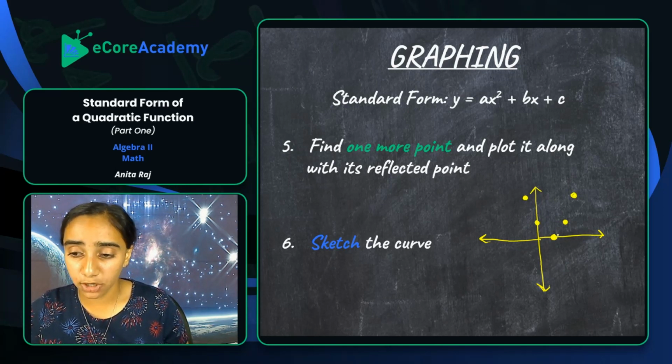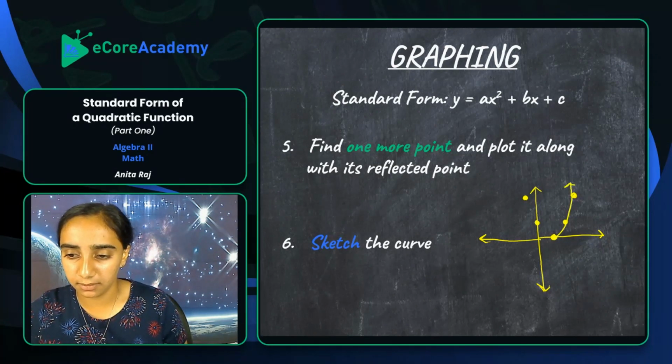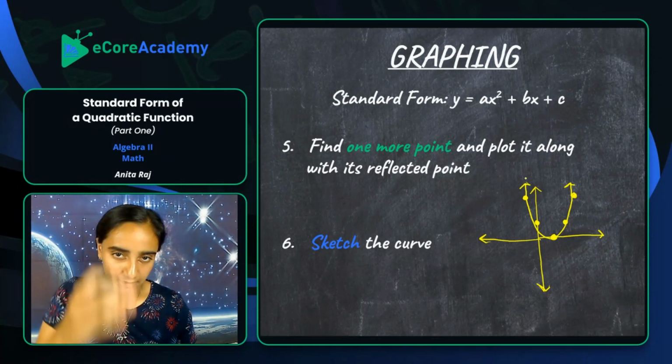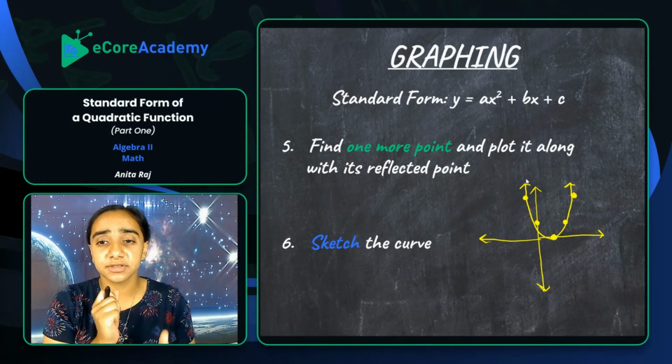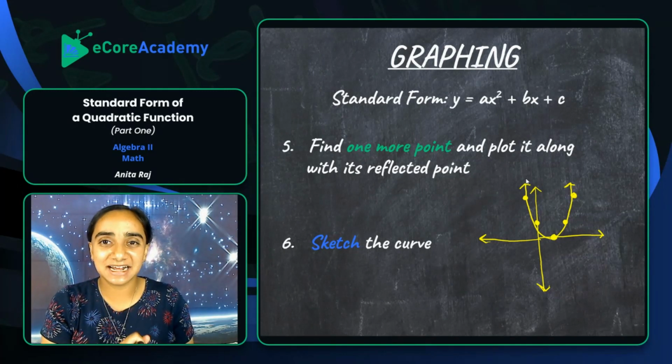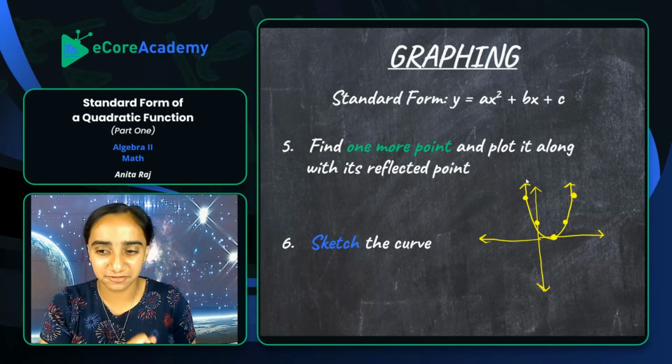What sketch the curve means is I just draw a line through these points to indicate the parabola, because you can't just leave points on a grid. You need to sketch the parabola and indicate the parabolic function. So those are the six steps to graphing a quadratic function.